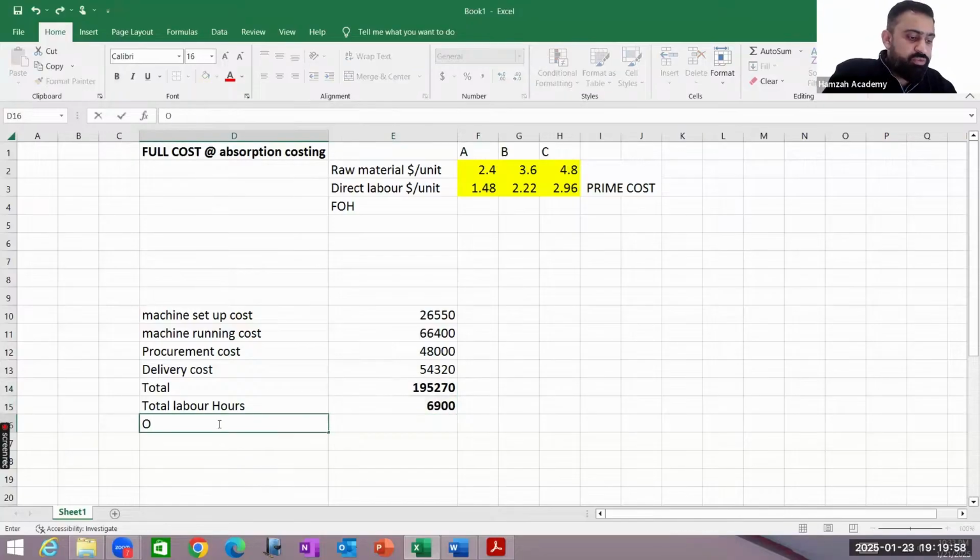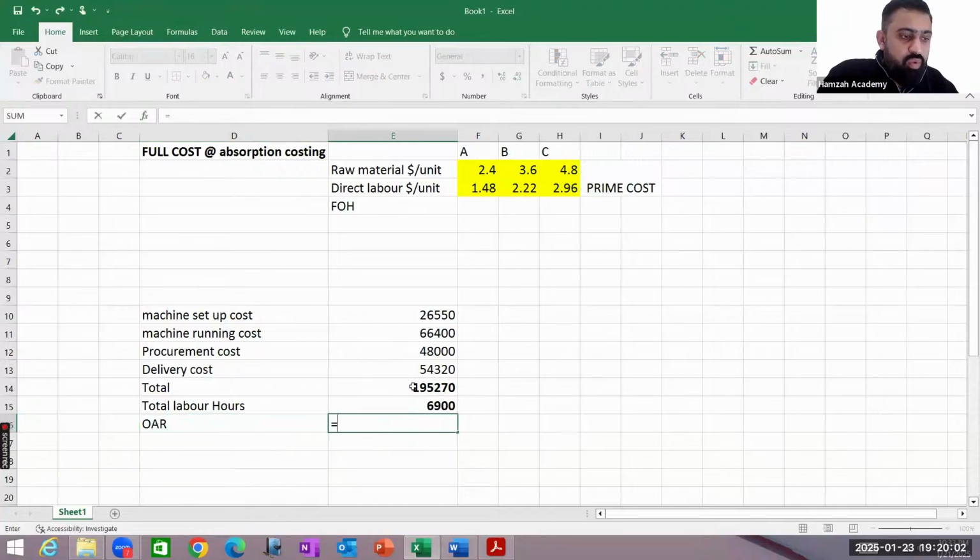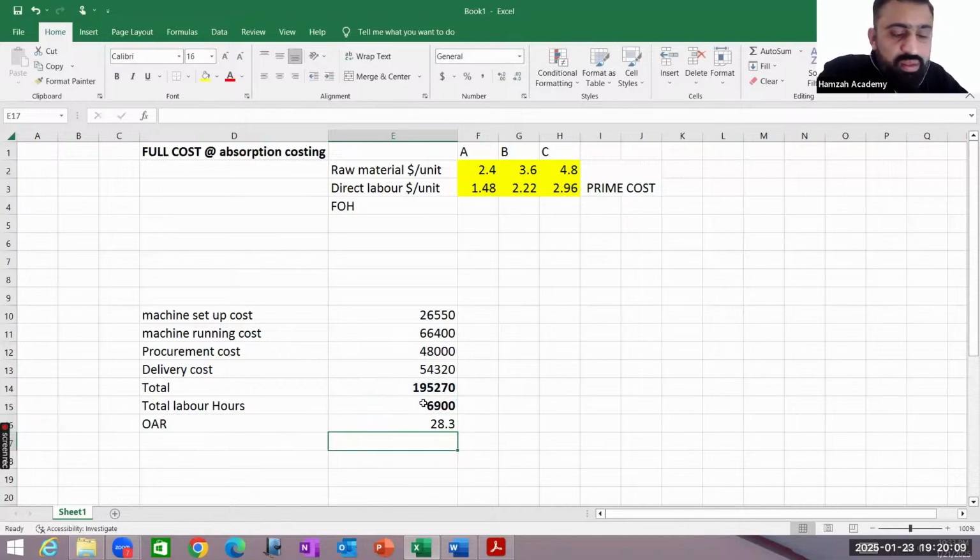Now the overhead absorption rate will be total overhead divided by total activity, which is in terms of labor. So the per hour rate is $28.3. Now this $28.3 we need to allocate to each product, and it will be allocated as per the consumption of the labor hour.